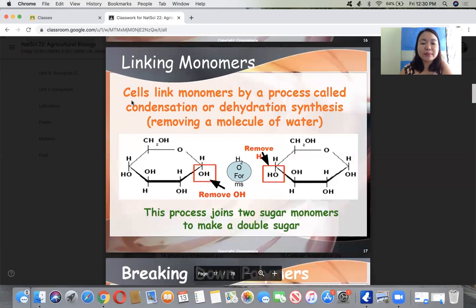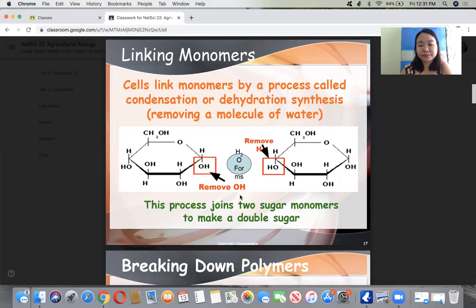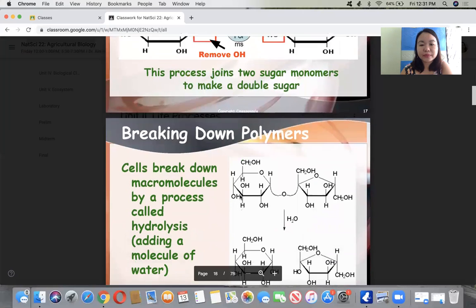Cells link monomers by a process called condensation or dehydration synthesis, removing a molecule of water. This process joins two sugar monomers, this one, and makes a double sugar with the removal of hydroxyl OH.